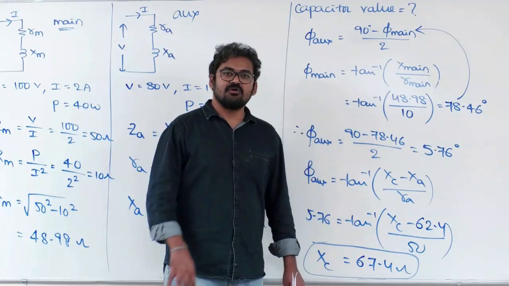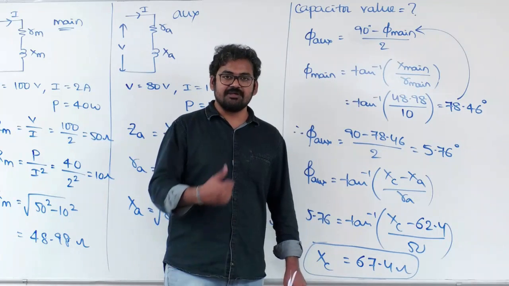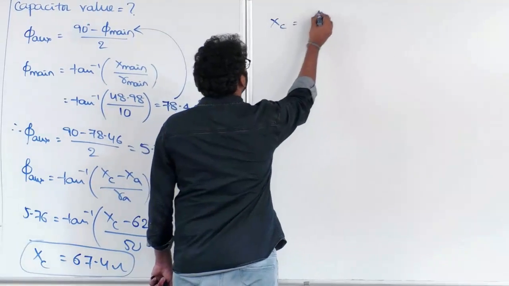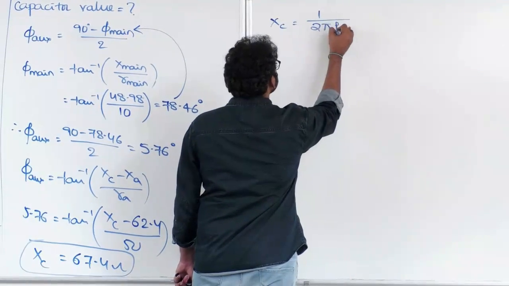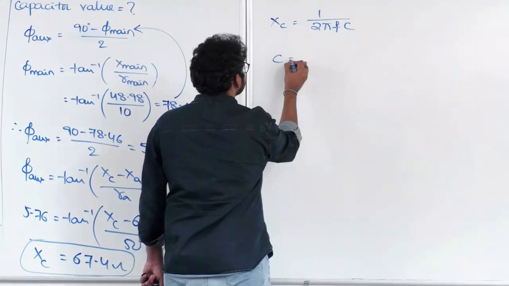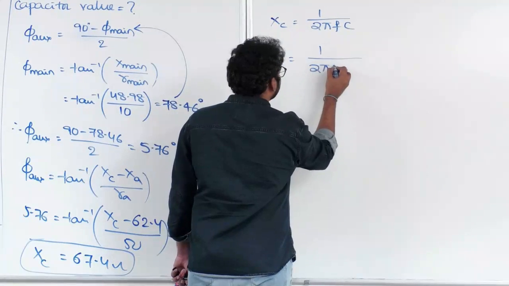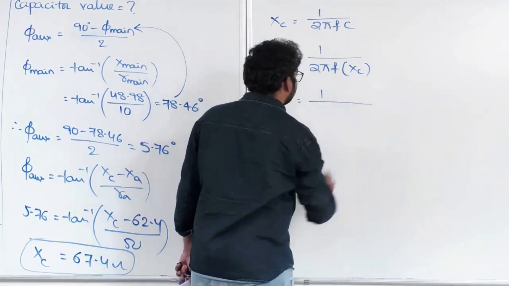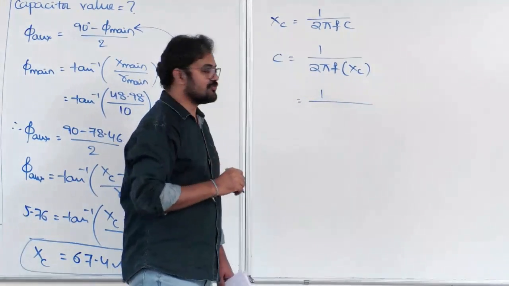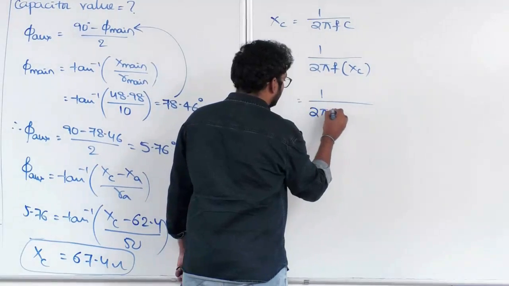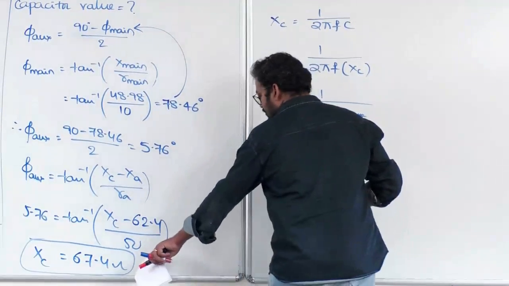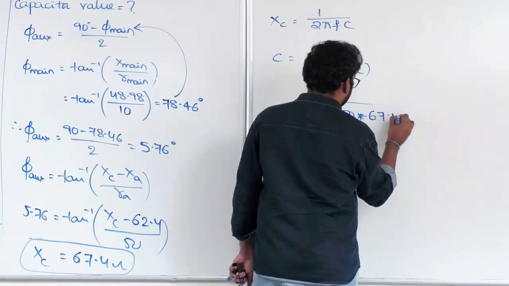Understand? When you know the XC value, easily you can find out the capacitor value, because what is the formula for XC? 1 by 2 pi FC. So from that, C is equal to 1 by 2 pi F into XC. Already it was given in the data, it is a 50 Hz motor. Therefore 2 pi into 50 Hz into 67.4.